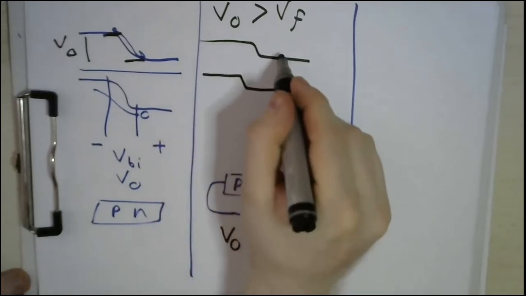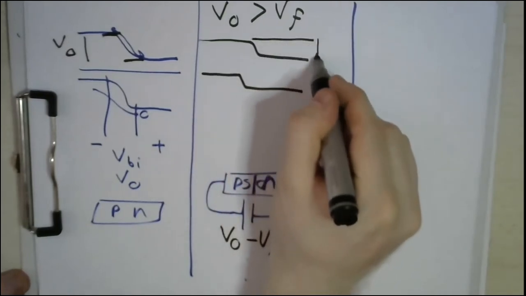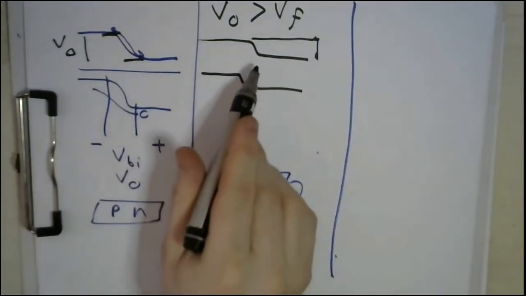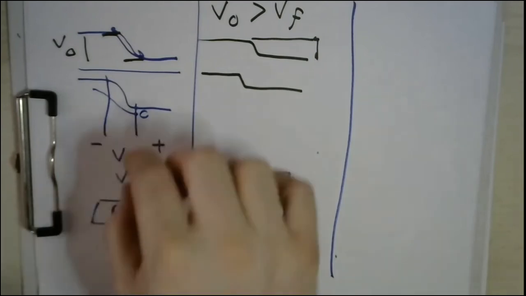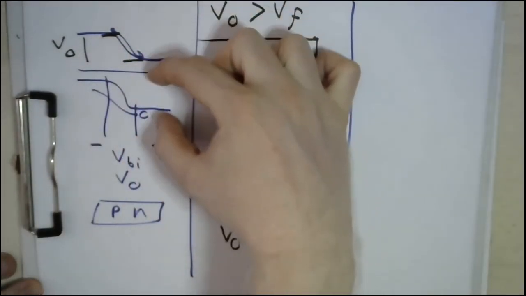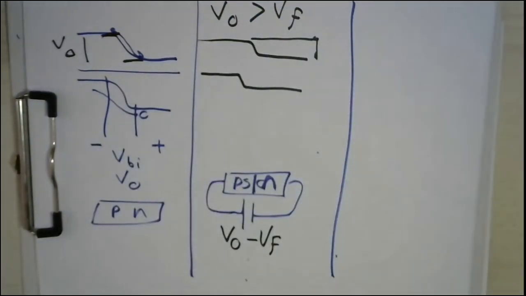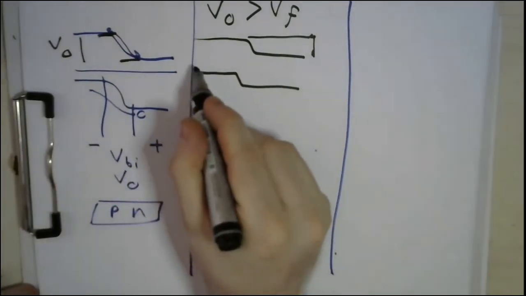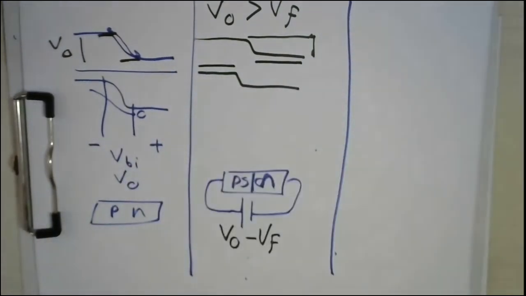As you can see, electrons here still see a barrier, but the value of this barrier is smaller, it is V node minus Vf. As if, my dear students, we pick up this N region and slightly move it upward. Accordingly, in this case, you will find what's called a split energy band.